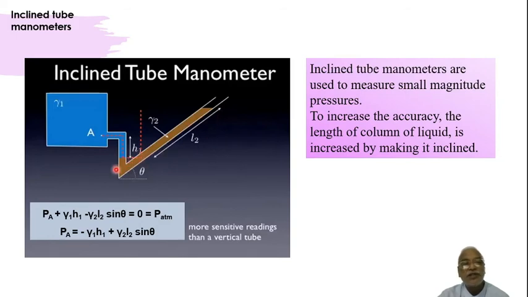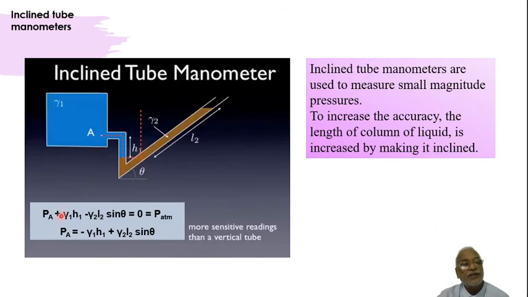What is done is it is made inclined so that the length of the liquid will be more. Inclined tube manometers are used to measure small magnitude pressures. To increase the accuracy, the length of the column of liquid is increased by making it inclined.